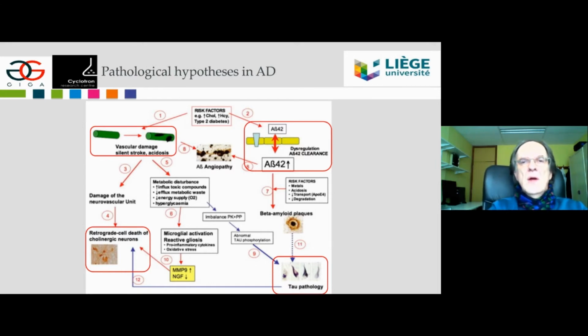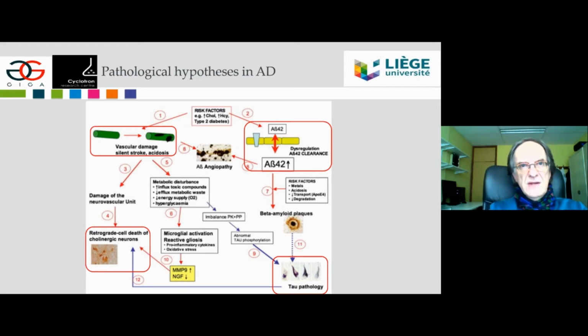If you remember, we have very elderly people who never complain of their memory, or certainly not of cognitive decline, but they do have a lot of amyloid in the brain. So amyloid per se is not sufficient to cause a decline of cognition.